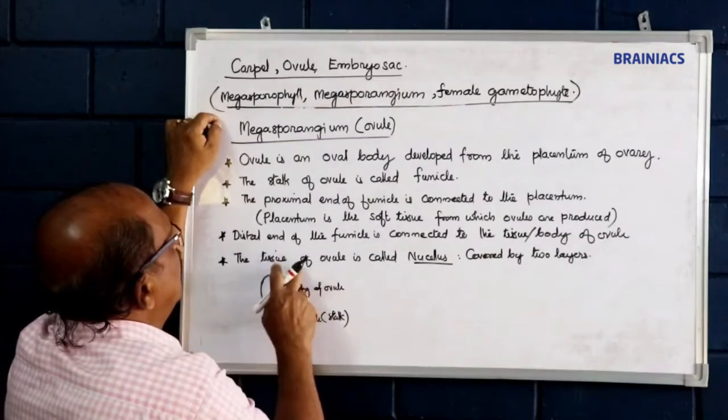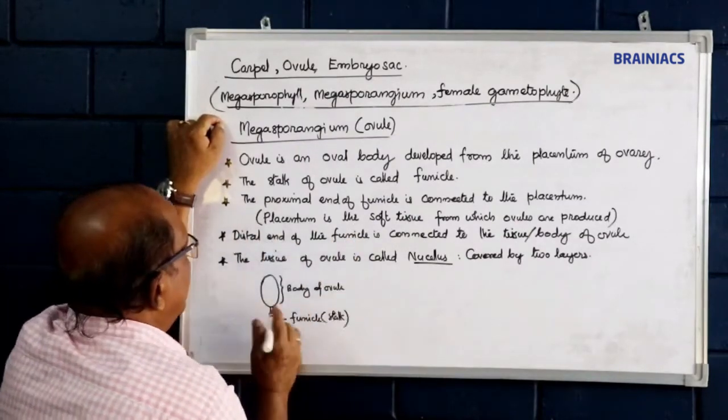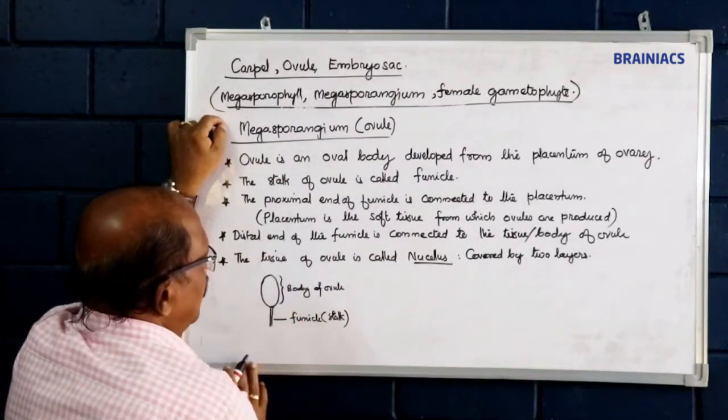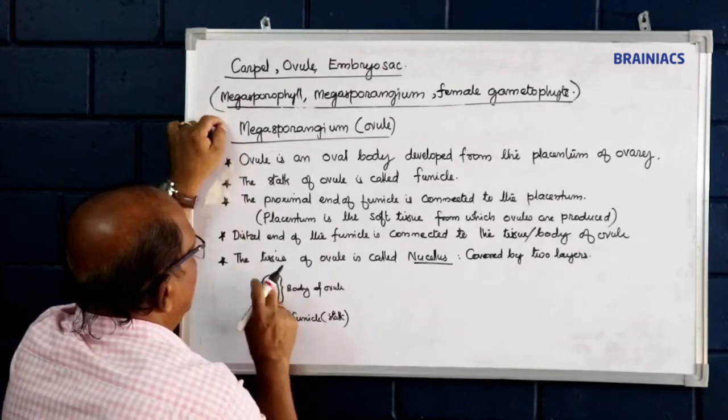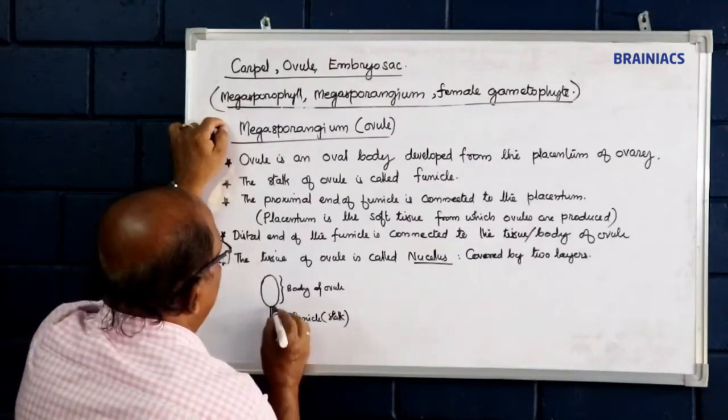The distal end of the funicle is connected to the body of ovule. Here you can see a connective, and this part is called hilum.